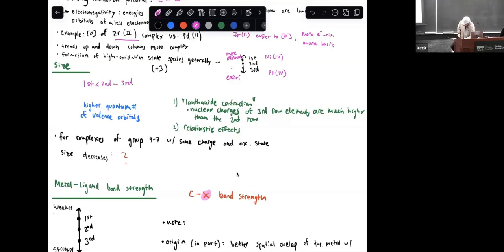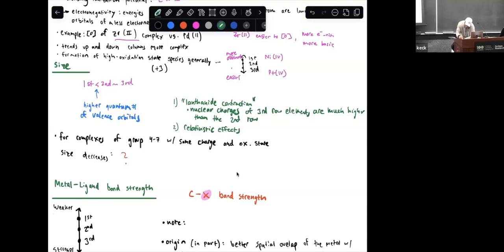And that's because there are additional factors at play in considering the D block. So in going from first row to second row, your intuition of higher quantum number of valence orbitals, meaning larger atomic size, certainly holds.